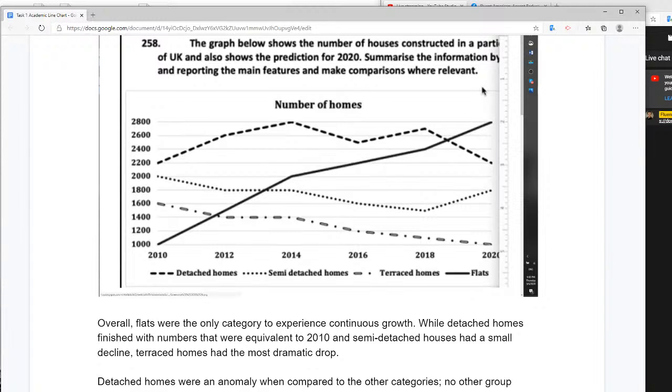Other than a slight plateau. So let's kind of focus on that 2012, 2014 area, okay? From 2012 to 2014, numbers stayed flat at 1,400.